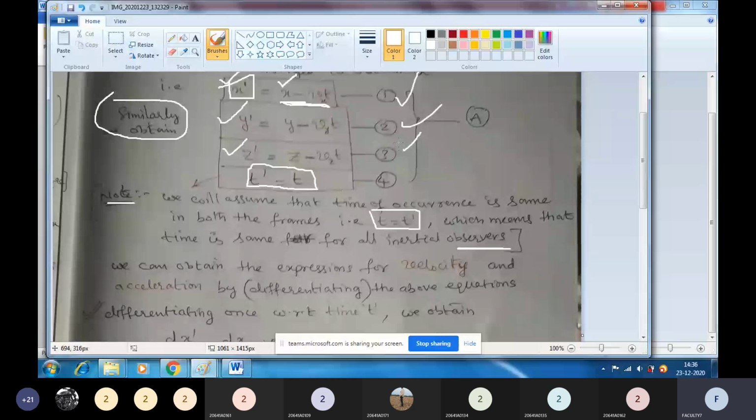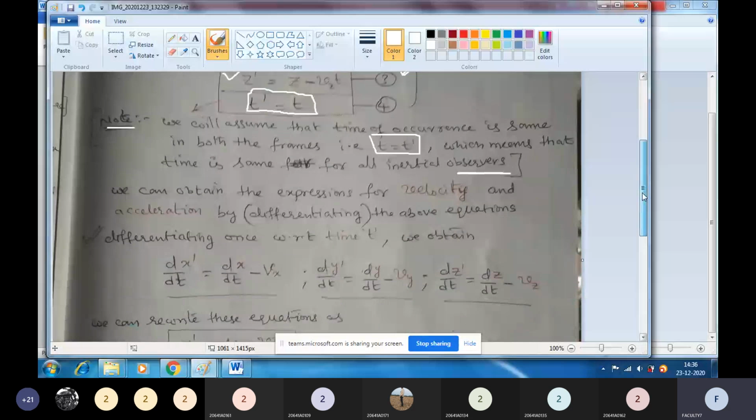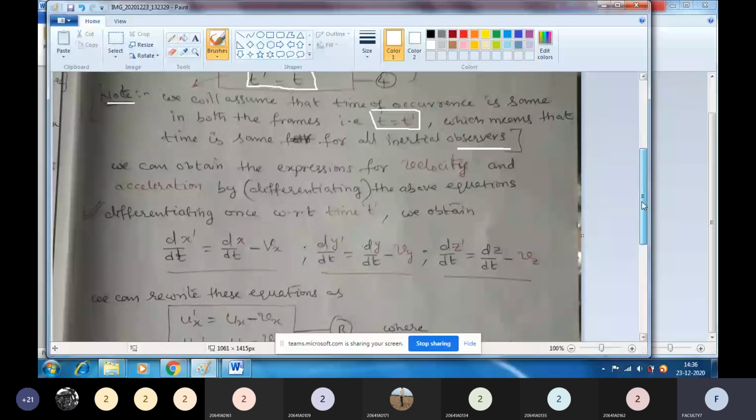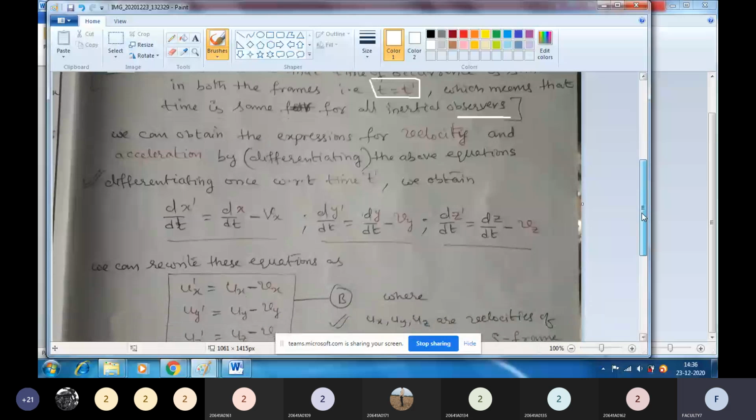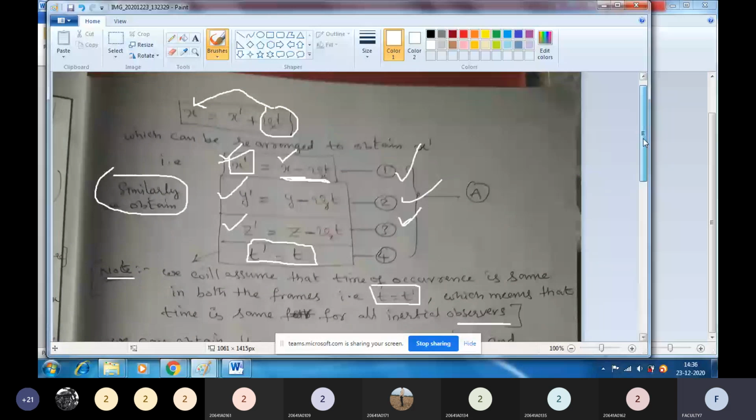These are the positions. If you get the position, you can find the velocity, and if you find the velocity, you can find the acceleration. So you found x prime, y prime, z prime in the second frame. Those are the positions.